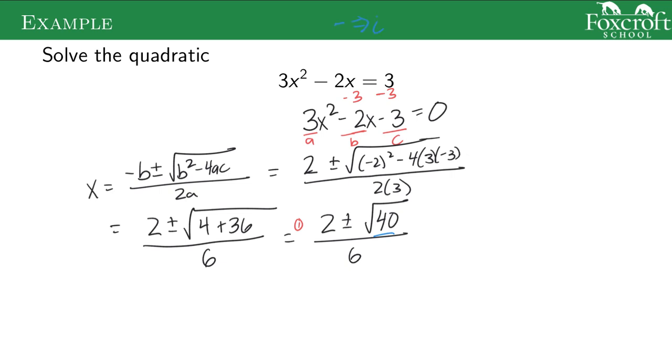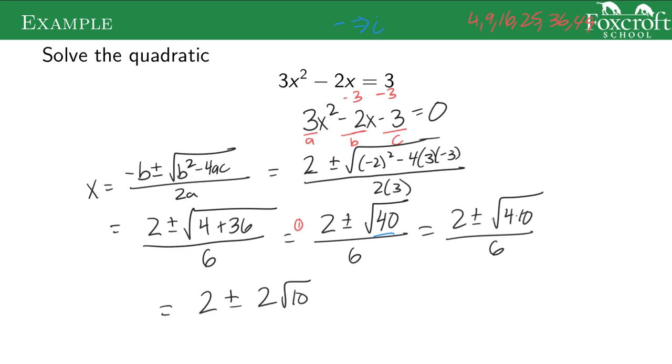And if we have any perfect squares, remember the perfect squares are these numbers, we're going to pull those out because they interact nicely with the square root. So in this case, 40 is 4 times 10, and 4 is a perfect square, so it becomes a 2 when it moves outside the square root. And if you got down to here, I'd be perfectly happy.